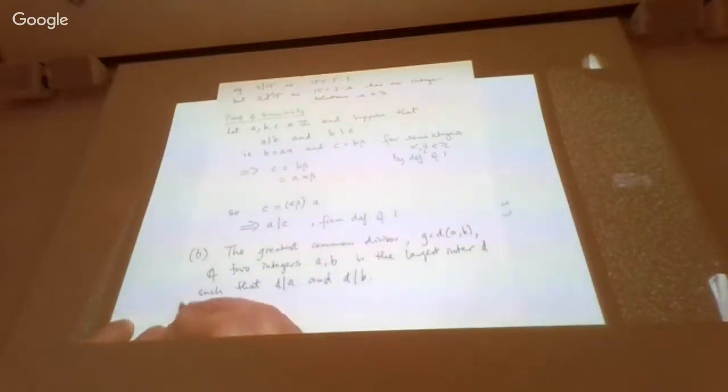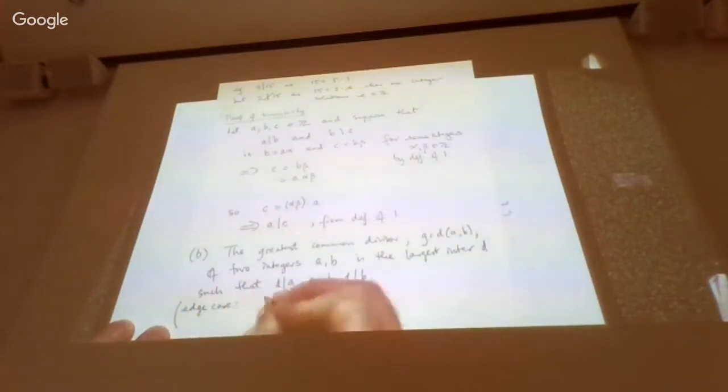I mean, there is a little bit of ambiguity about what you do when A and B are 0.